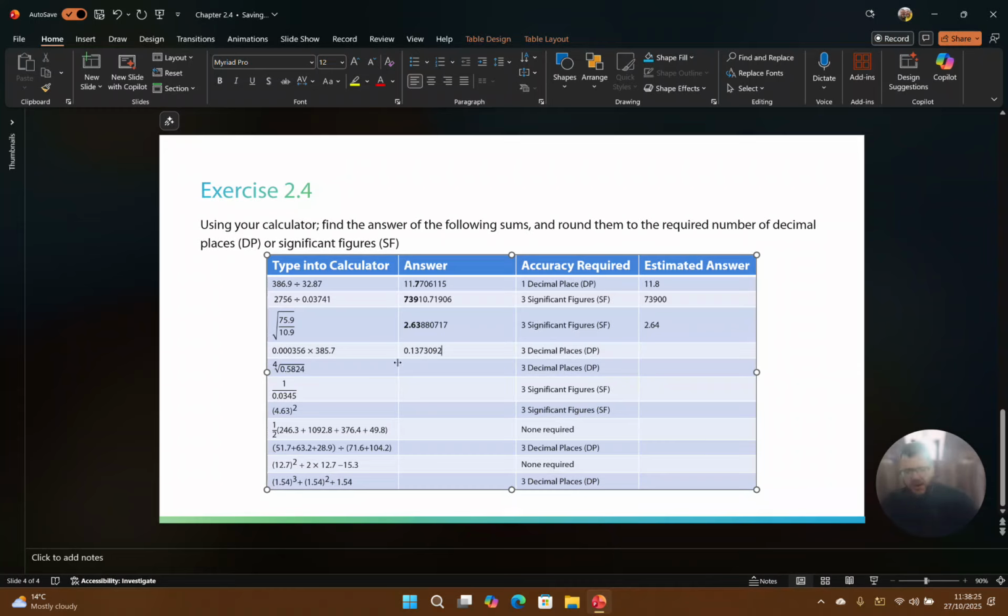And we're looking for 3 decimal places, which are these 3. And we then focus on the 3 that's next to it. Now, because that's less than 5, we then round it down, and therefore it will stay as it is.